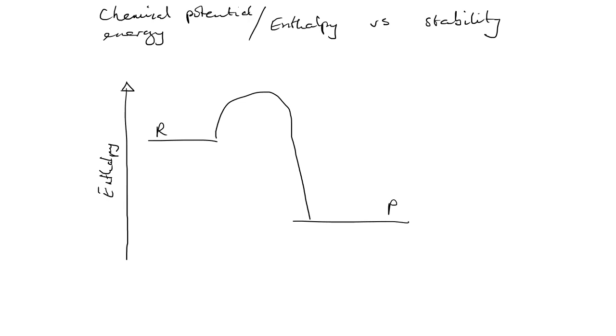And the way that we want to think about bond strength is like this. Okay, so we're going to draw a line at this energy level. And that energy level there is the energy required to break bonds.